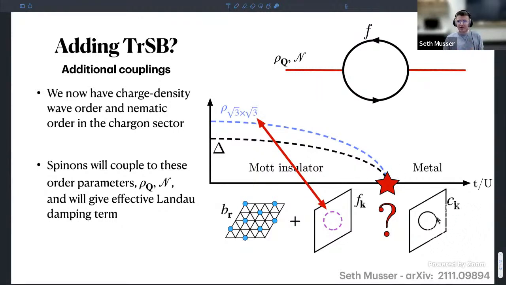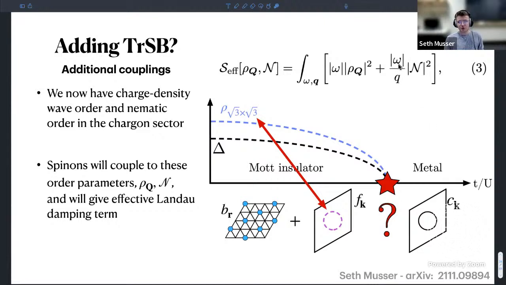And if we integrate out the spinons, we're going to get the same kind of Landau damped terms. So we have the standard Landau damping term for the nematic order parameter. And for the charge order parameter, we don't have a q here because it's been cut off by this big q of the charge density wave.